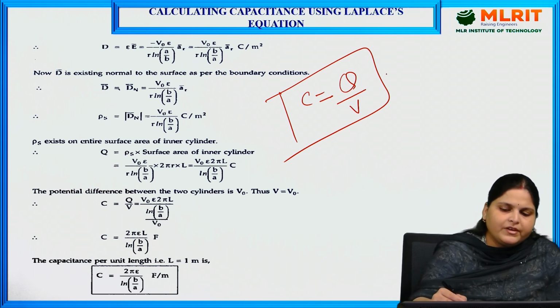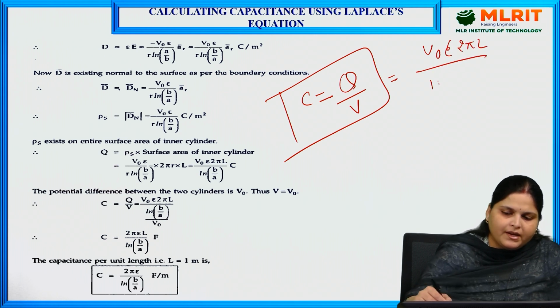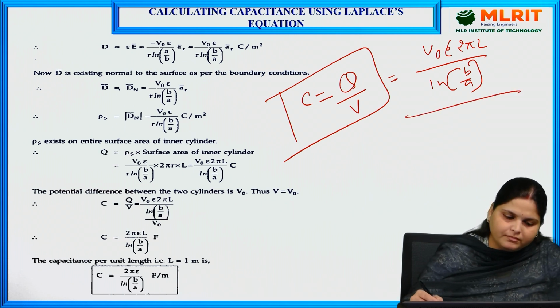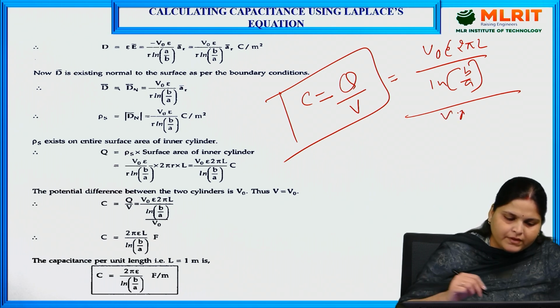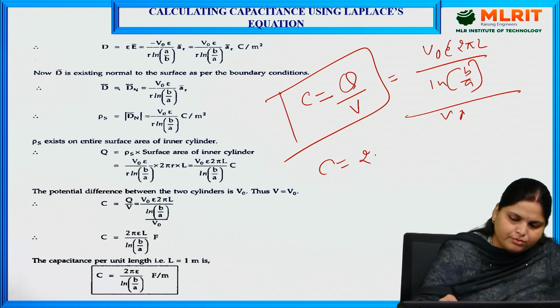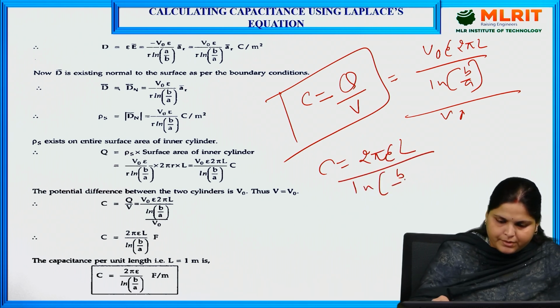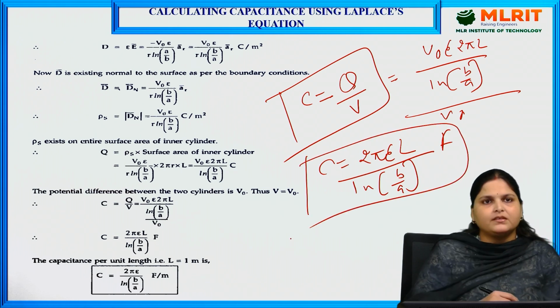Already we have the equation of Q as V0 ε 2πL by ln(B/A), divided by the potential, which we can write as V0, and when we further solve it, we get C = 2πεL by ln(B/A) farad, right?